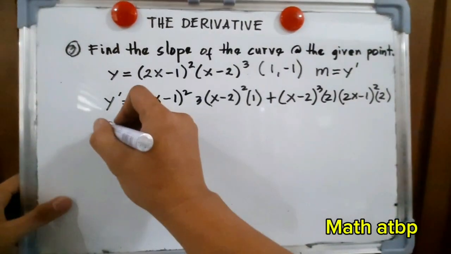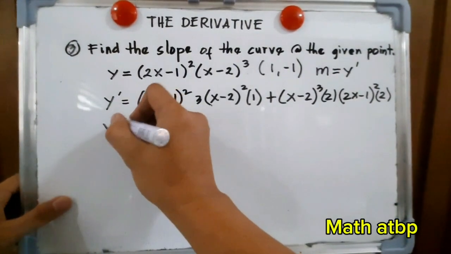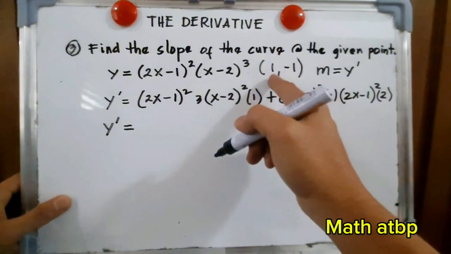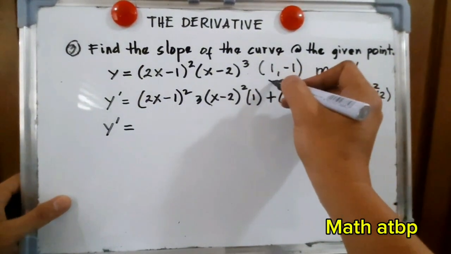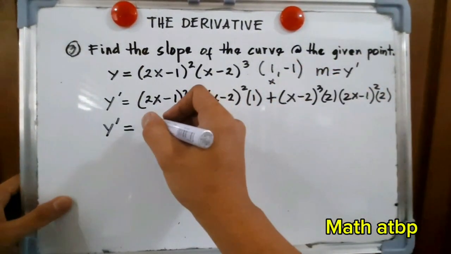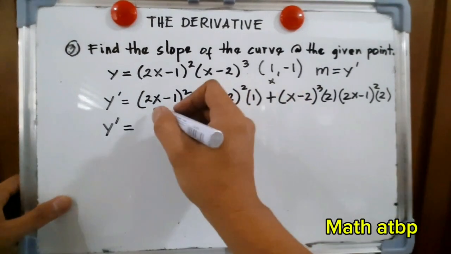Let us now substitute the given point. y prime now is equal to, since the abscissa x is equal to 1, let us change all those x with 1.